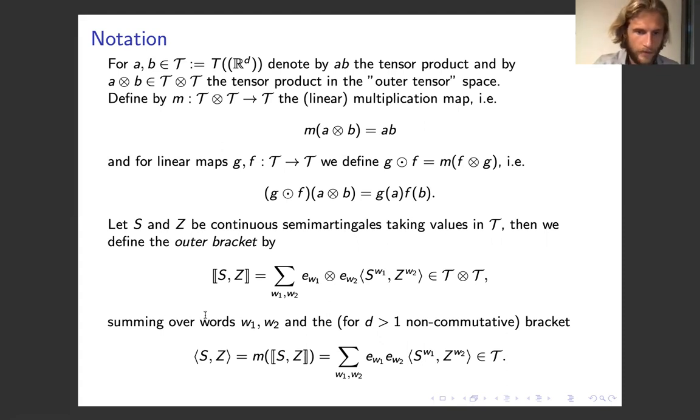And then we define another tensor product, which is simply the multiplication map applied to that outer bracket, and we get the inner bracket of the inner product of the identity vectors here. So note that neither of these two brackets is commutative.